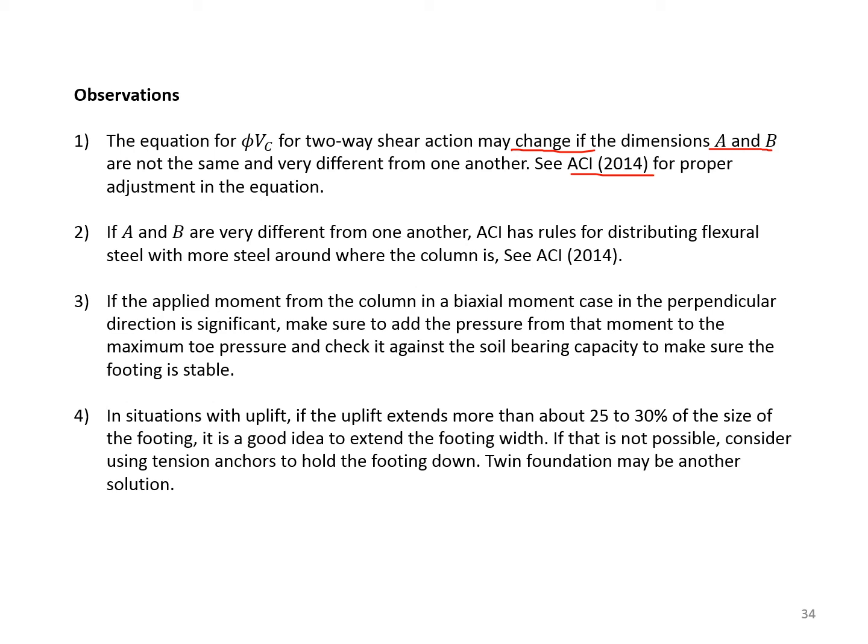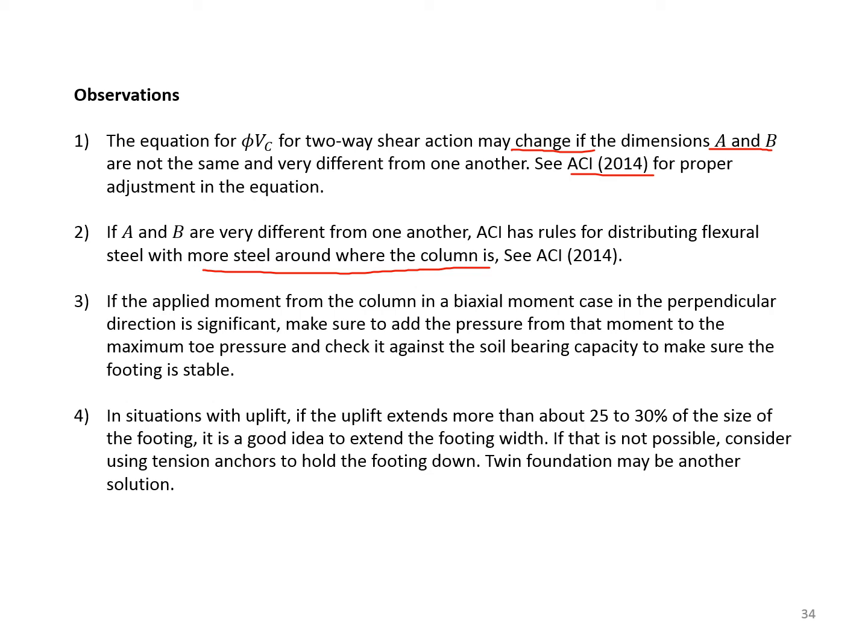If A and B are very different from one another, ACI has rules for distributing flexural steel with more steel around where the column is. Again, see the ACI 2014. So you put more concentration of steel closer to where the column is. As you go away from that, it would spread out.